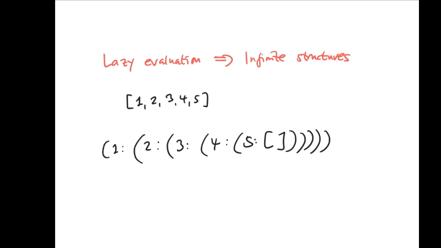So a list is just a repeated application of cons to the empty list. And we can use that to define infinite lists. For instance, we could define the infinite list of ones as ones being equal to 1 cons onto ones.